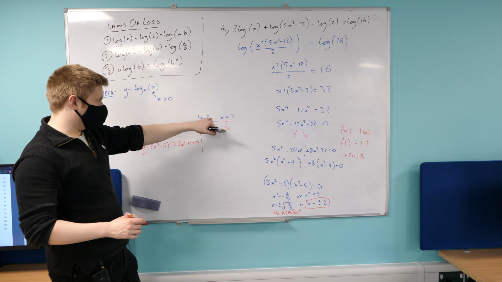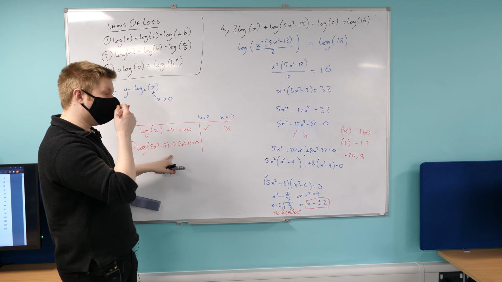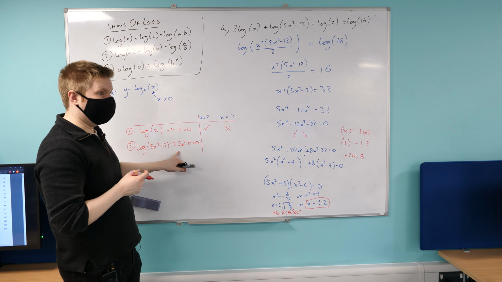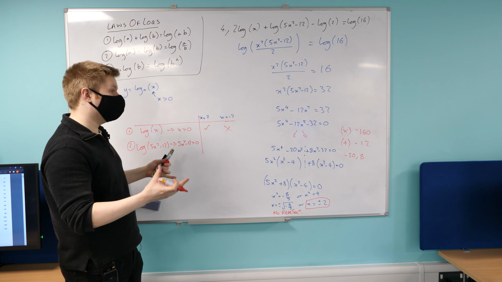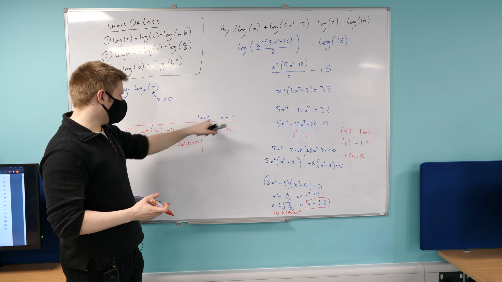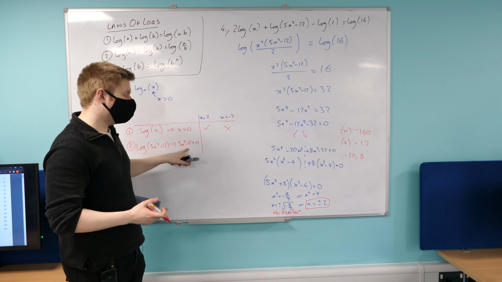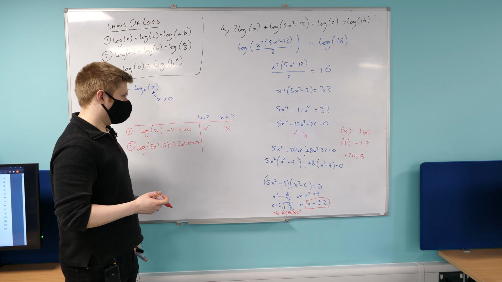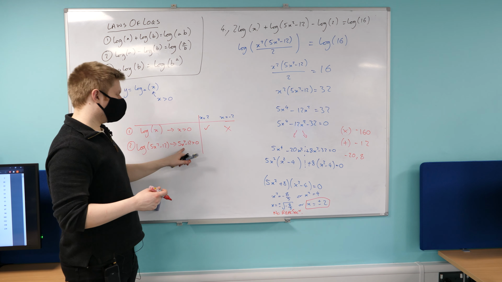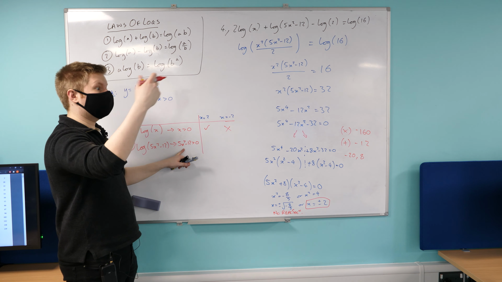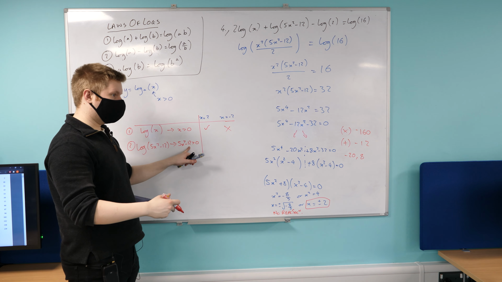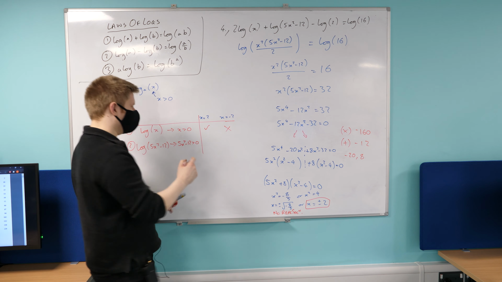Let's check this in here as well, because it may well be that if we stick these things in here, it still doesn't come out as positive, so we'll still be in trouble. If we stick x equals 2 into 5x squared minus 12, is that positive? Just think, 5 times 2 squared, that's 5 times 4, which is 20. Take away 12, that's 8, that's positive, that's all good.